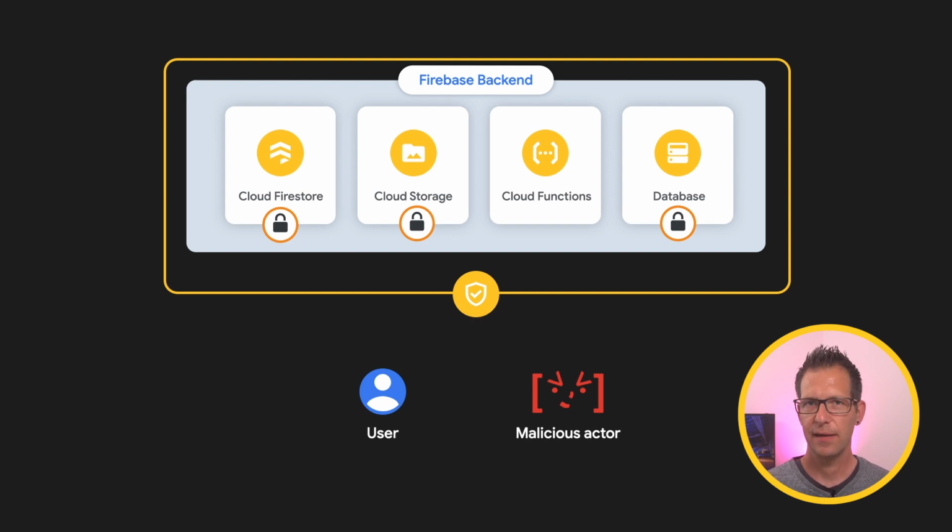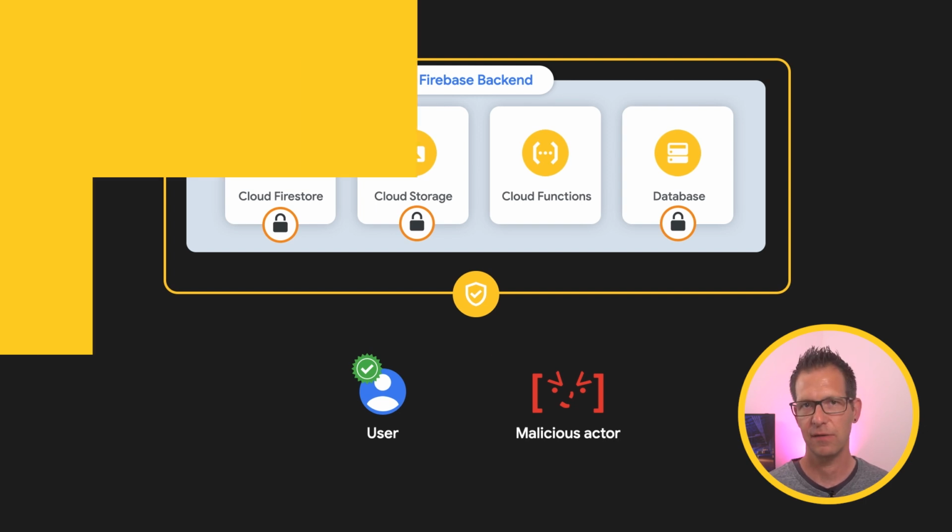To be able to tell a legitimate request apart from someone who is just trying to probe around in your app using curl or some other networking tool, AppCheck requires all requests coming from your app to be attested. This means that someone needs to say, yes, this request comes from a legitimate app. So you could say that Firebase authentication is for authenticating users, and Firebase AppCheck is for authenticating applications.